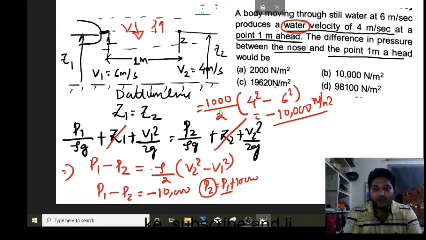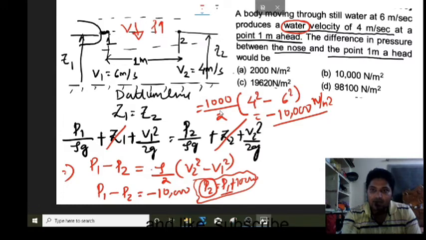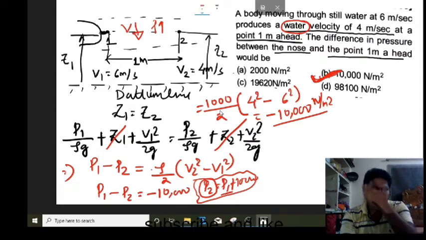This is the logic. Only the magnitude has been asked, so the correct option will be 10,000. Okay, so we will go to the next.